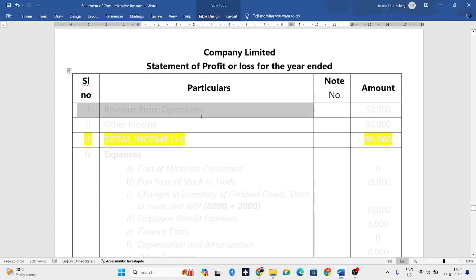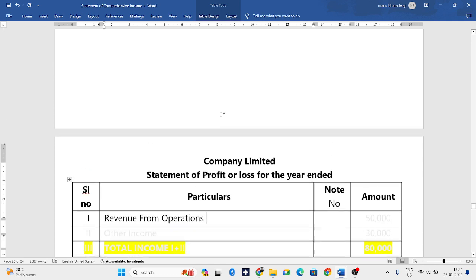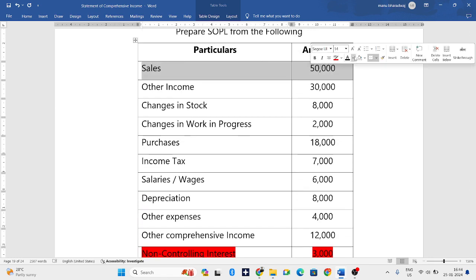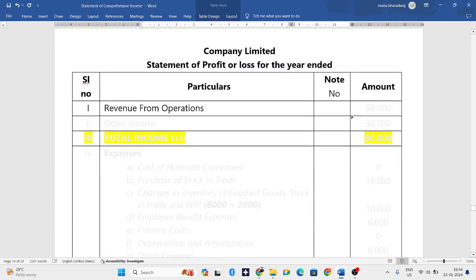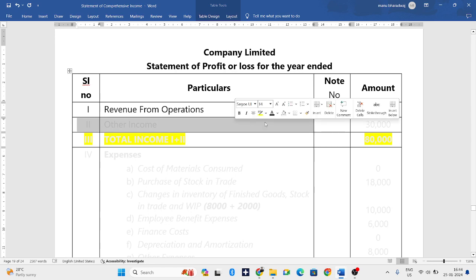First, always by this time you should have been aware that after solving 6 problems, this first will be revenue from operations. In questions, check whether anything they have given about sales. Yes, they have given sales 50,000 rupees, so that 50,000 rupees you have to write over here. Next, you need to add other income.